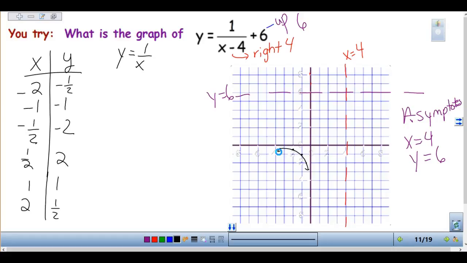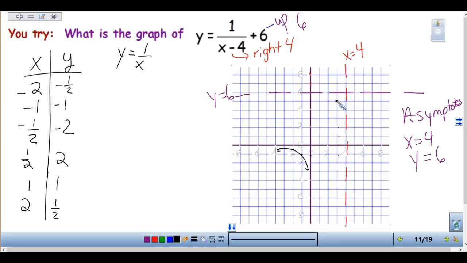Okay, now how do I shift it? What did we say? So I'm going to take the point -1, -1, that's the quickest one to do. I'm going to move that one right 4, 1, 2, 3, 4, and then up 6. 1, 2, 3, 4, 5, 6.